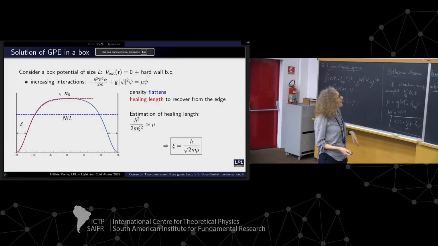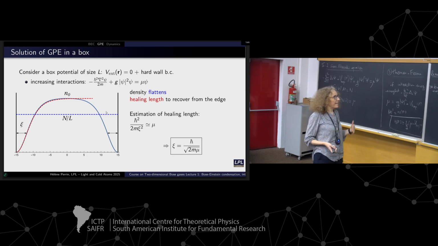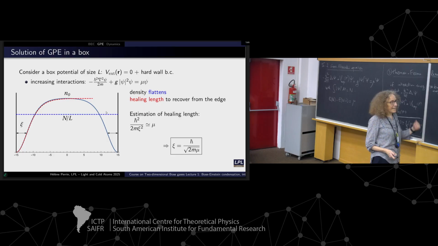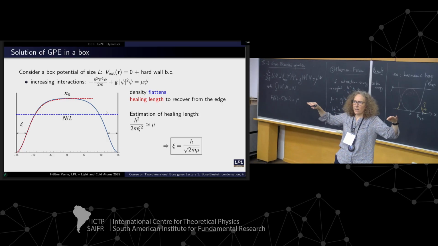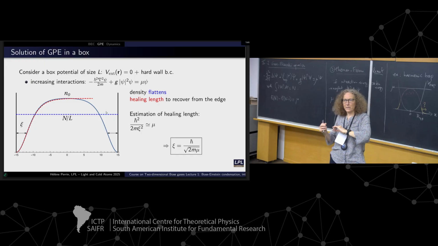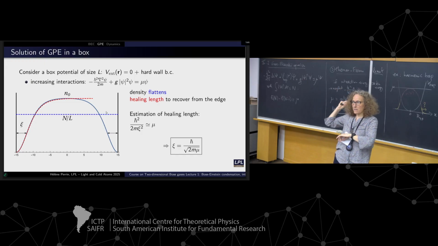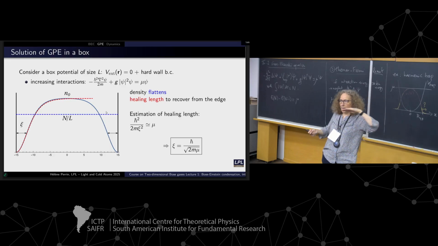And so you have a central density now which is larger than n over L because of the holes on the side, and a region with size psi over which it goes to 0. And if I increase the interactions more, you have to equilibrate the price to pay to bend the wave function. So bending the wave function means having some Laplacian, so it means giving some kinetic energy, against the price to pay for the interactions, which is Gn0 or mu.